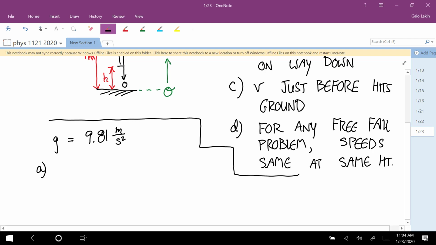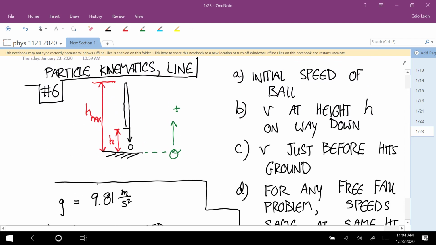And for A, my time equals 0 instant is going to be when it's released. And my time t is going to be, okay, so how are we going to choose where the time t is? The time equals 0 is when it's thrown.